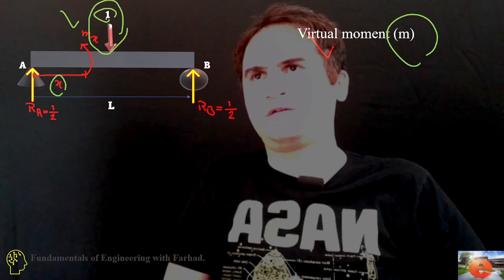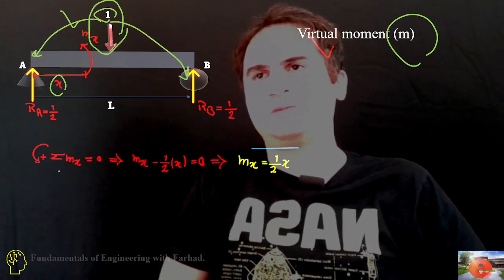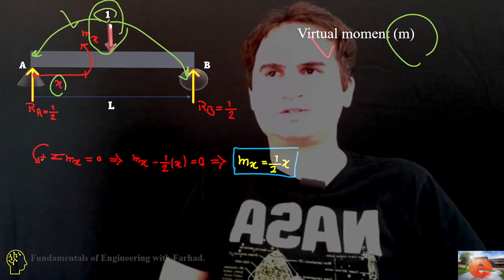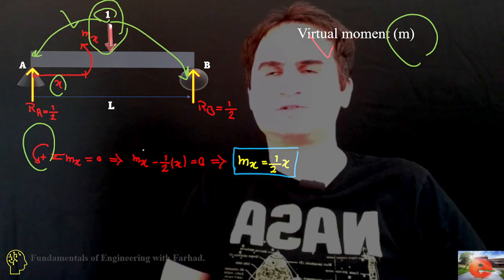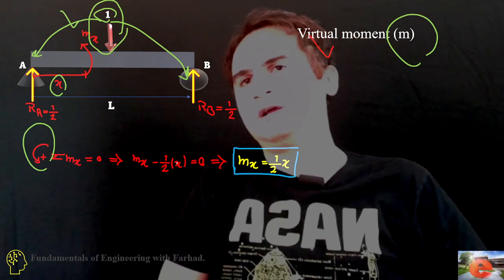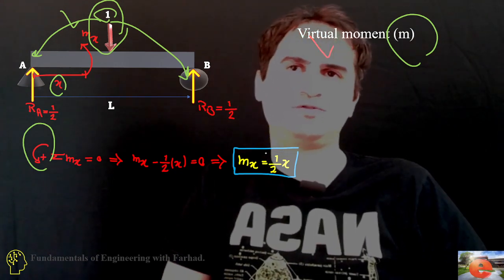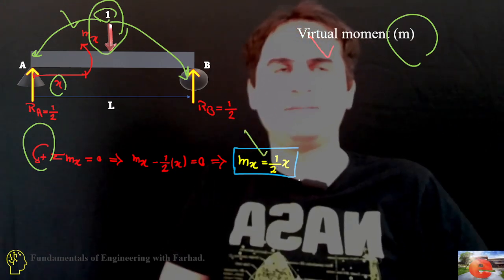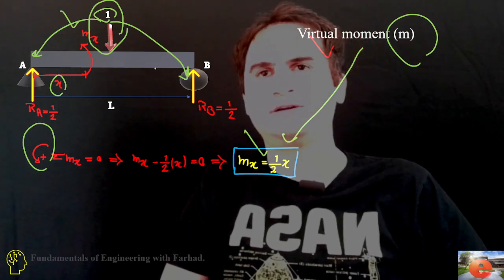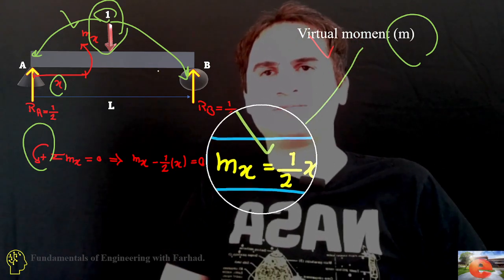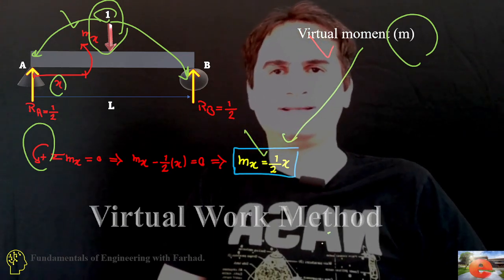That 1 unit of load is evenly distributed between A and B, so summing moments about x, counterclockwise positive, gives mx minus a half times x equal to 0. So small m of x is x over 2, the effect of the virtual moment, as we didn't have anything else there, and we replace all components in the virtual work equation.